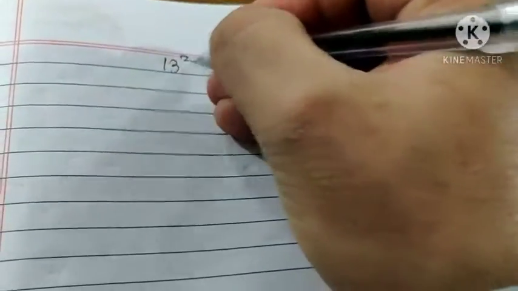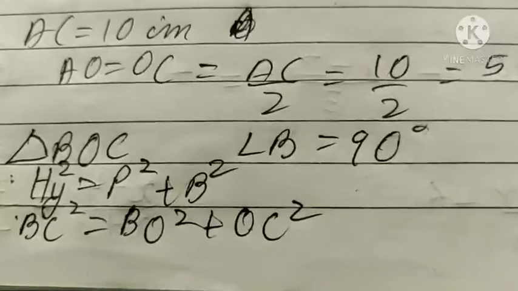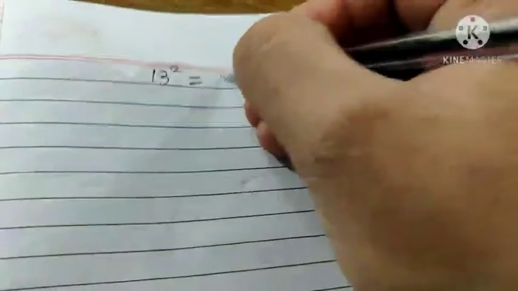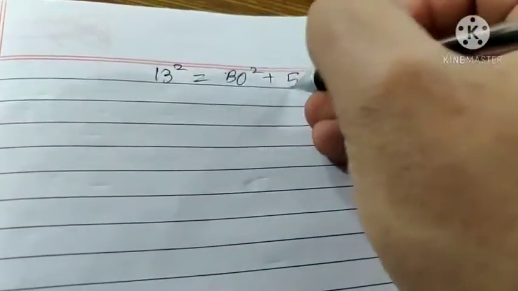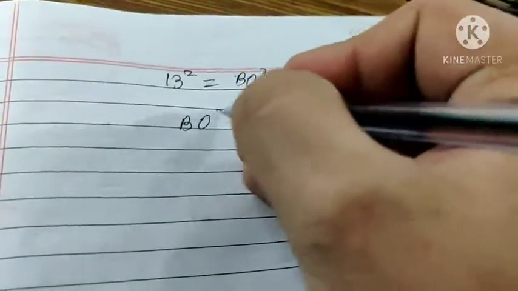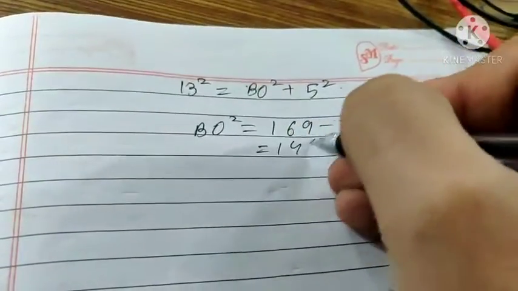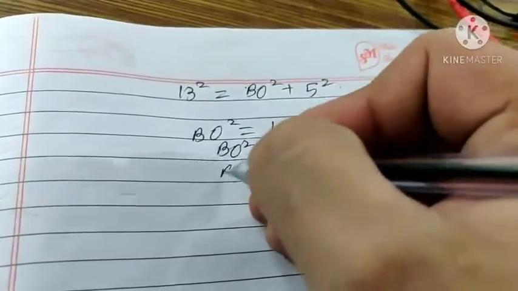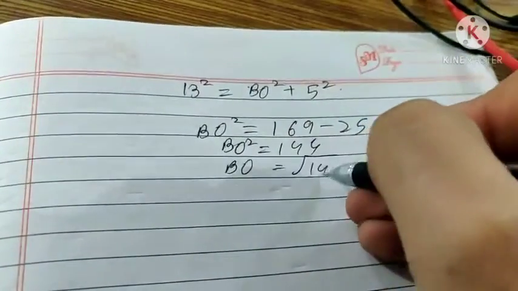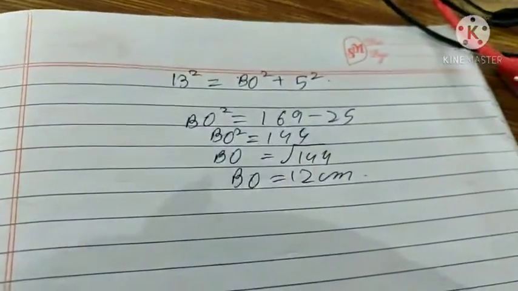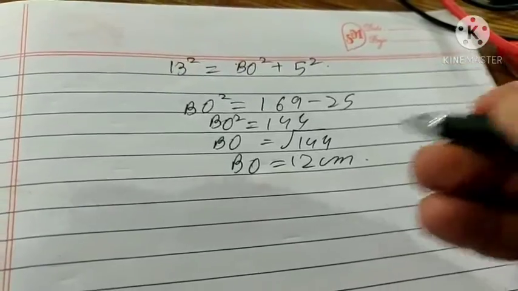So BC is 13 centimeter, and then BO square plus OC square. Here BO is to be found out, OC is 5. So BO square is equal to 169 minus 25, that is 144. So BO equals root 144. So BO is equal to 12 centimeters.